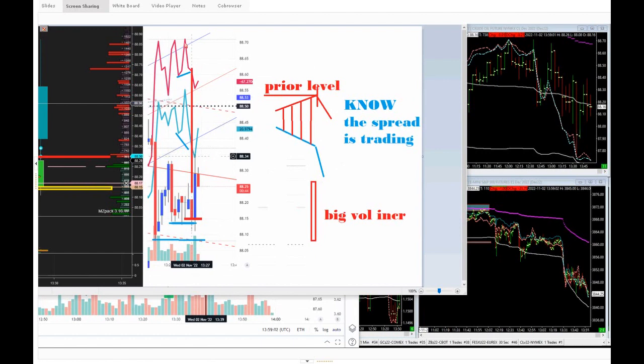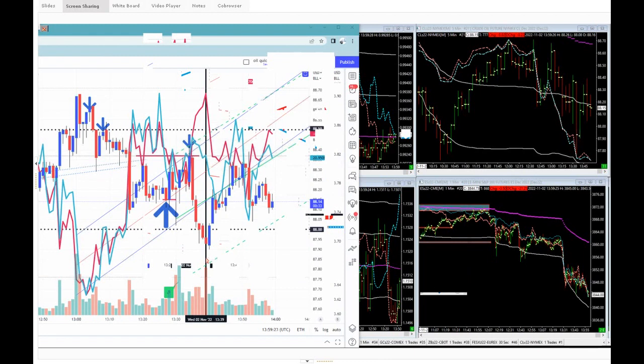So there's only two other pieces that we can use to try and recognize that somebody somewhere is acting on what looks like a possible arbitrage trade. And that is the prior level trade, but that should bring with it a big volume increase, yes? Well, did we have a big volume increase during that spread? Well, what the hell is that?